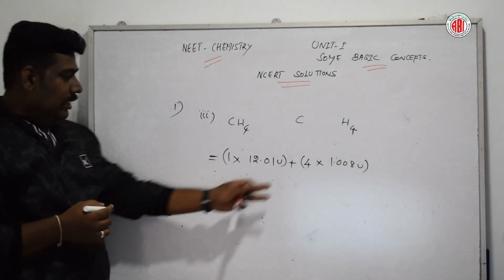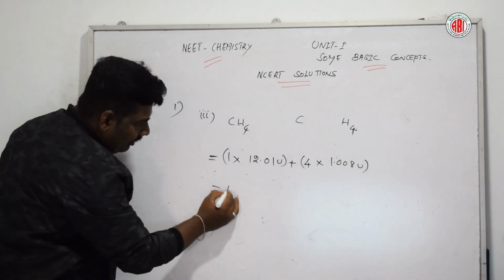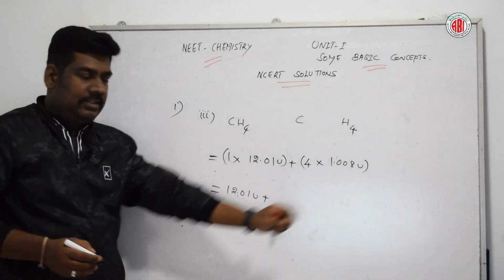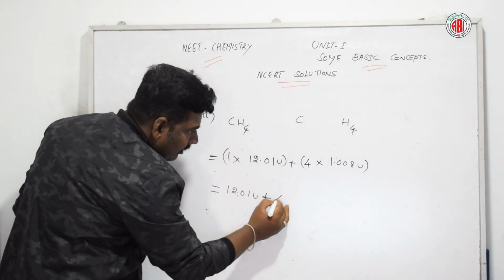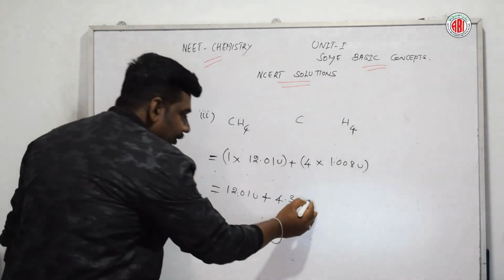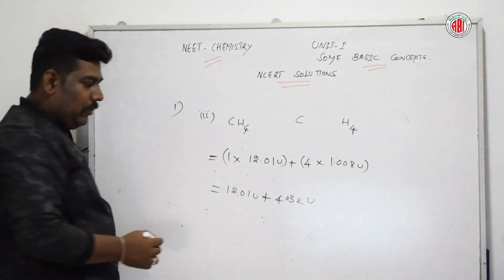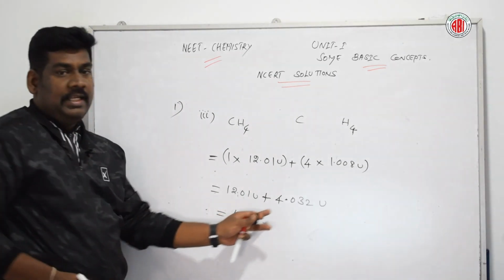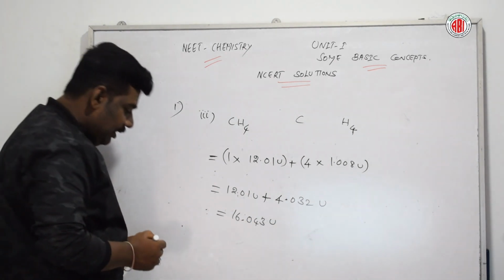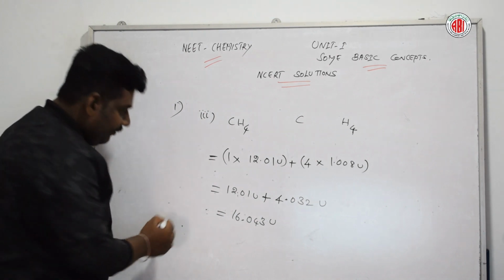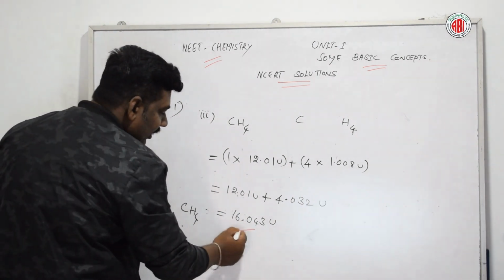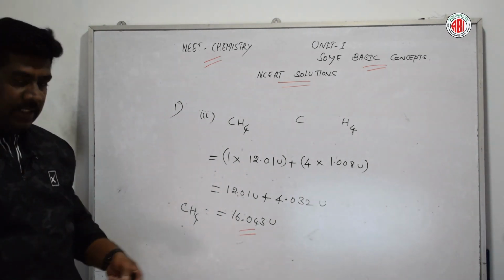Now adding these two, we get 12.01 atomic mass units plus 4 into 1.008, that is 4.032. Adding this we get around 16.043 atomic mass units. This is the molecular mass of methane, CH4. In this way we can find the molecular mass of the given compounds. Now let us go to the next question.